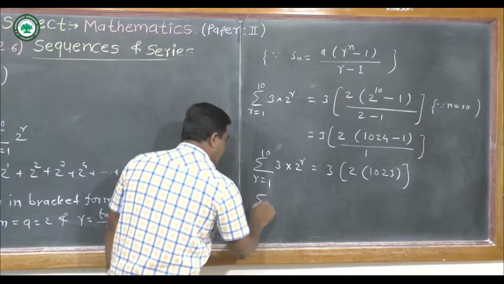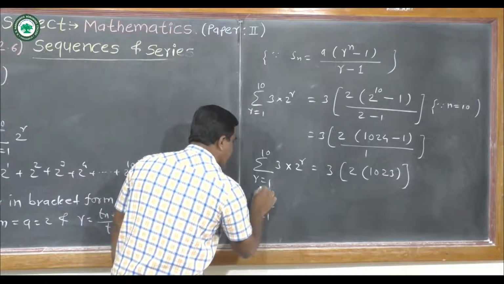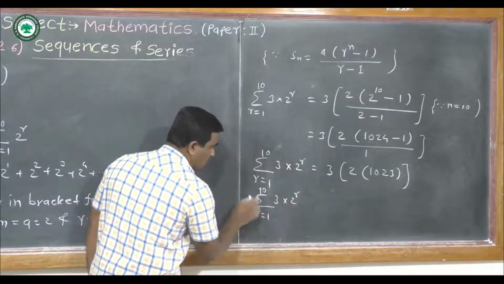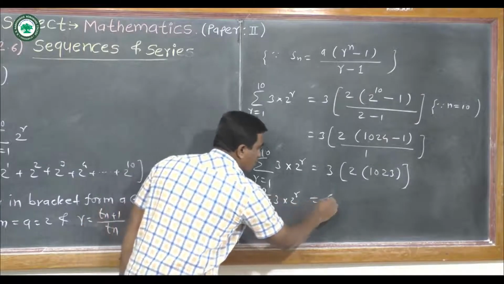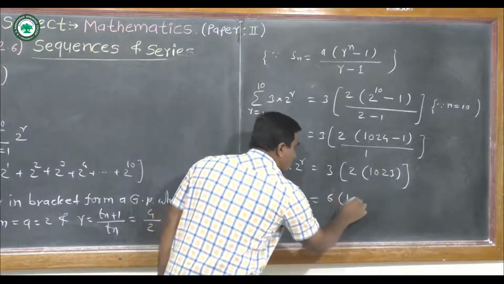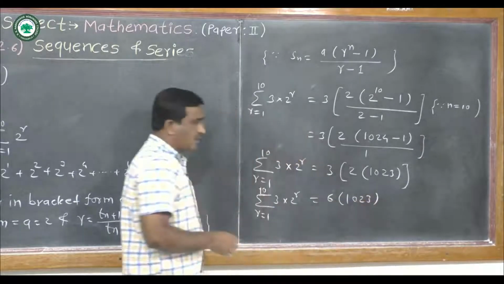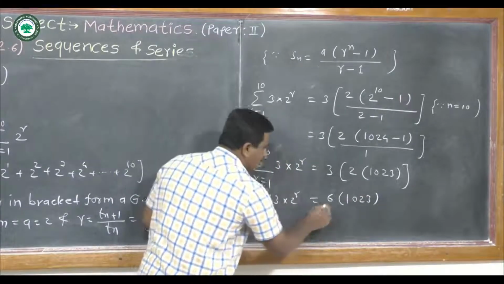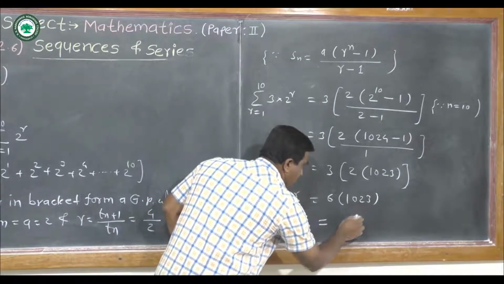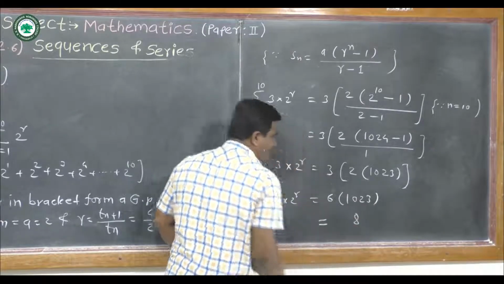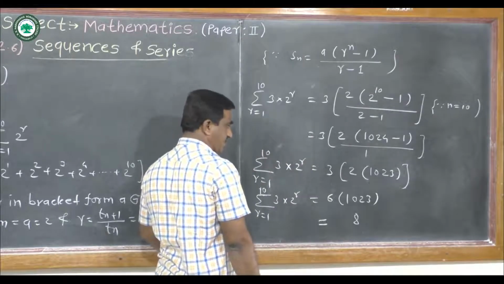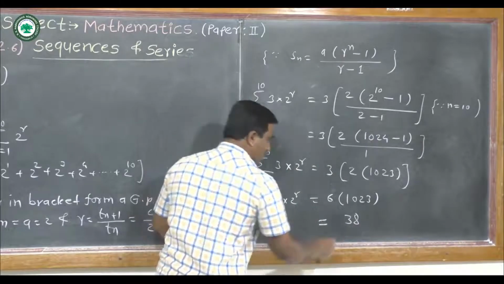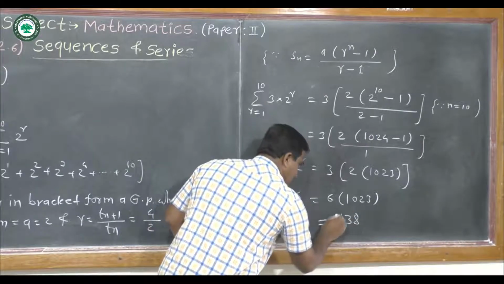that is summation of 3 into 2 raised to R, R goes from 1 to 10, is equal to 6 into 1023. Now taking this product, we can write the value of this sum: 6 into 3, 6 3s are 18, 8 carry 1, 6 2s are 12 plus 1 is 13, 3 carry 1, 6 into 0 is 0 plus 1 is 1, and 6 1s are 6.